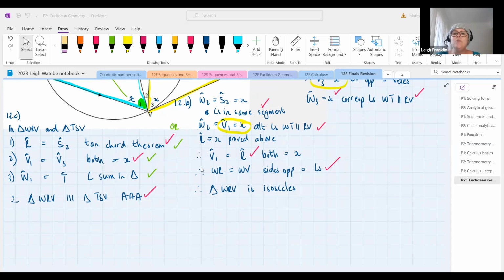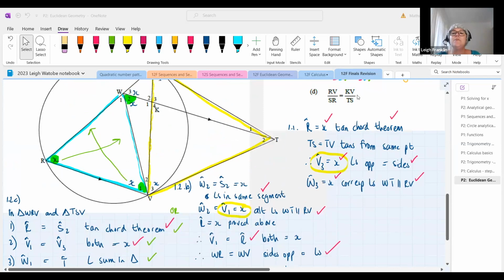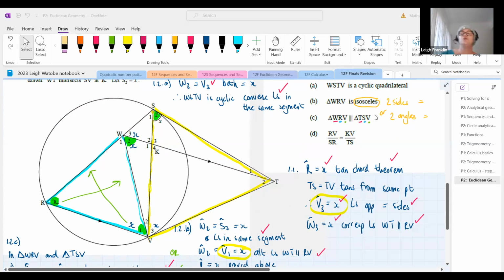So naturally, when we see a question like this that follows on the proof of two triangles being similar to one another, we immediately want to launch into WR over TS equals RV over SV equals WV over TV. Because usually 99.9% of the time, our solution to the next thing comes from that proportion, except in this case, it doesn't.